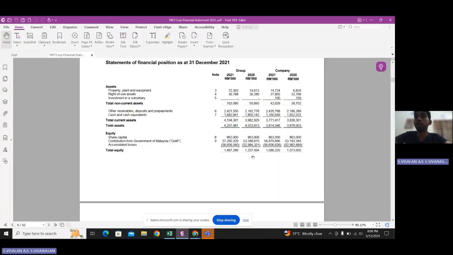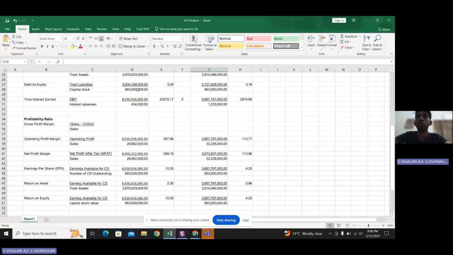You can take it from here. 863 is the same for all the years, so we just put the same amount for capital stock, and our answer will be 3.25 for year 2020 and 3.16 for year 2021.